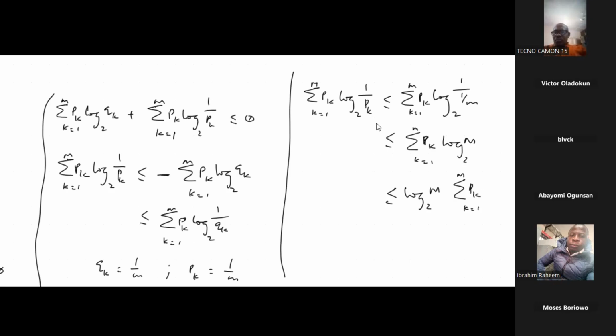And we know that the sum of p sub k by total probability is the same as 1, right? Sum of p sub k for k equal to 1 to m is the same as 1 for total probability. So it means that the entropy, p sub k log 1 over p sub k for k taking on values from 1 to m, is less than or equal to log m base 2.